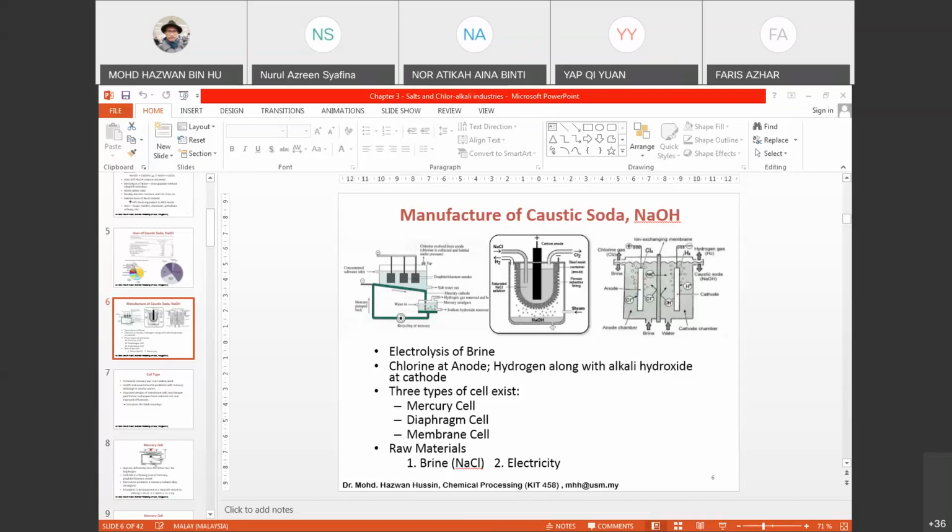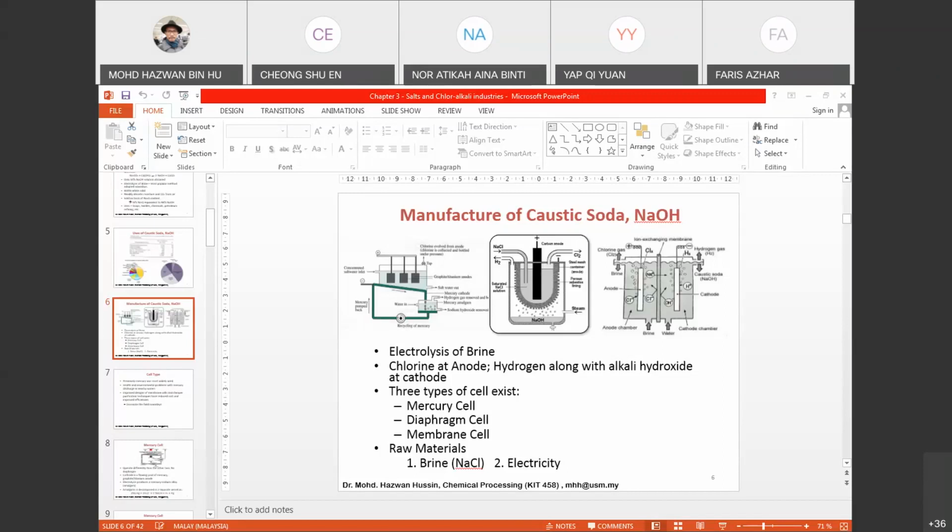Can you explain a bit about the membrane cell? The membrane cell, the anode is a carbon or graphite electrode, and it will produce chlorine gas. And the cathode is an iron electrode, and the products are hydrogen gas and sodium hydroxide.